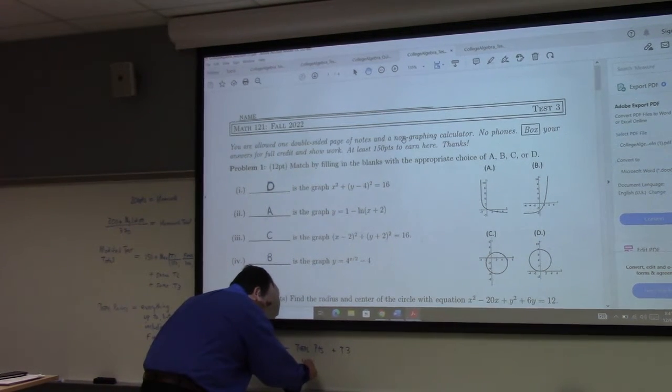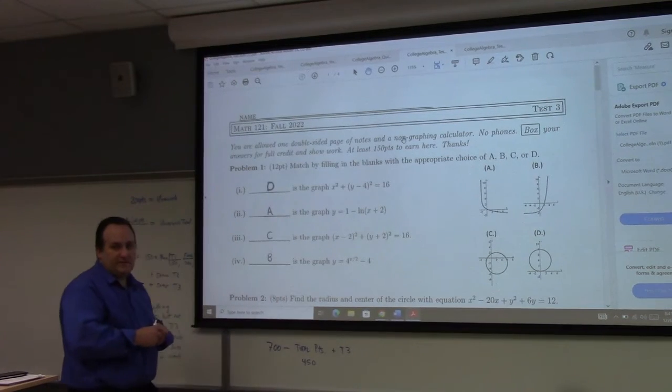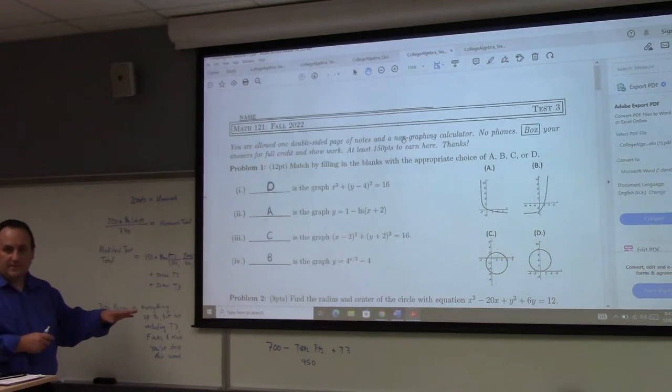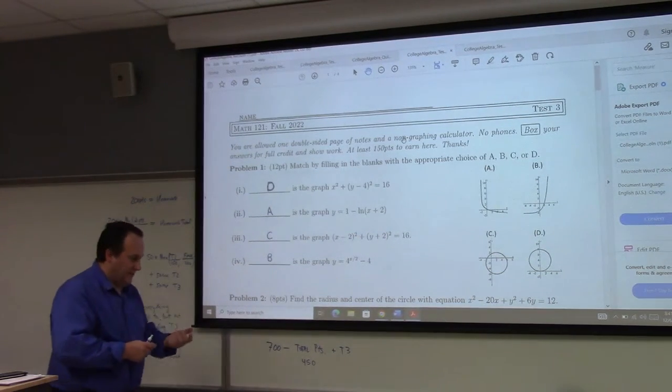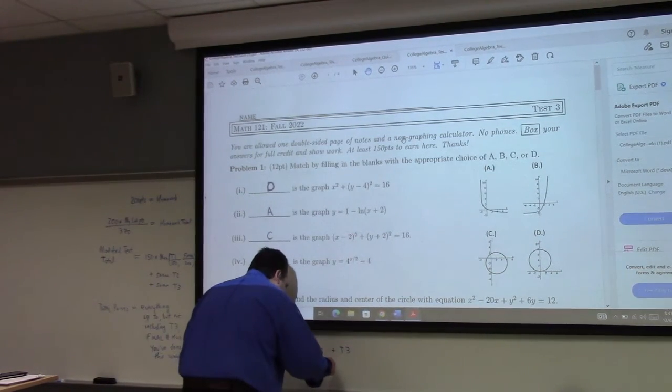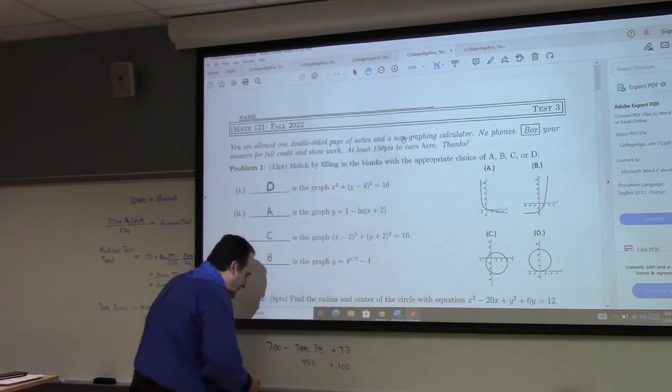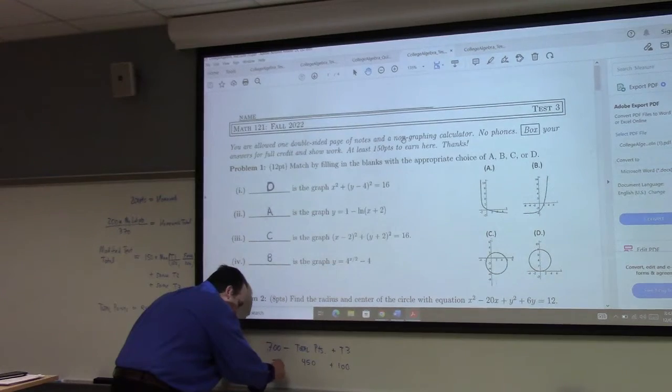There are some people like that in here, right? And suppose your test 3, with medium pessimism, had 100 points, just to make my arithmetic easy. So then what would you have to make on the final?